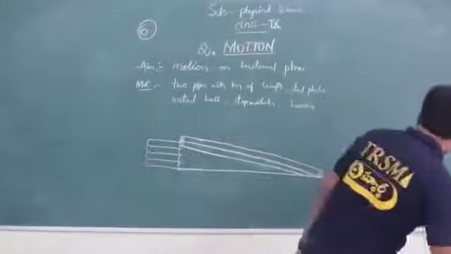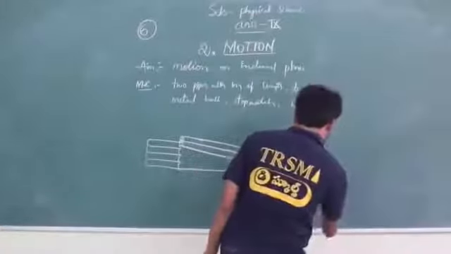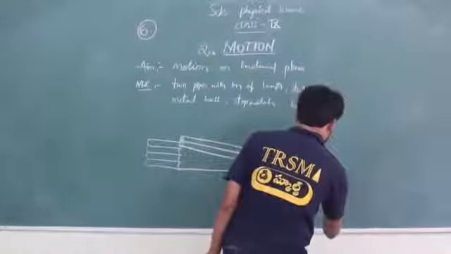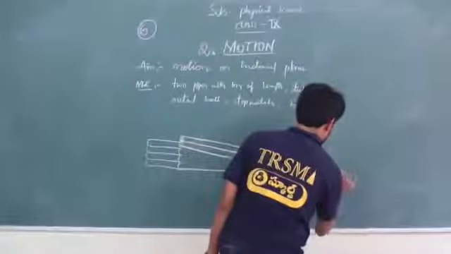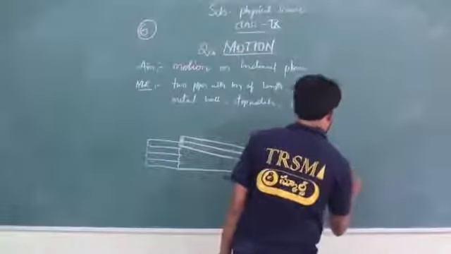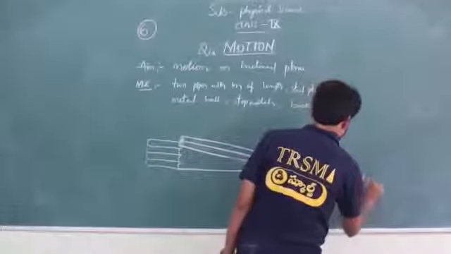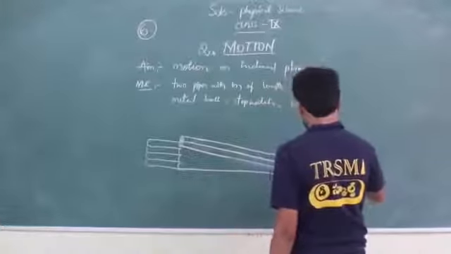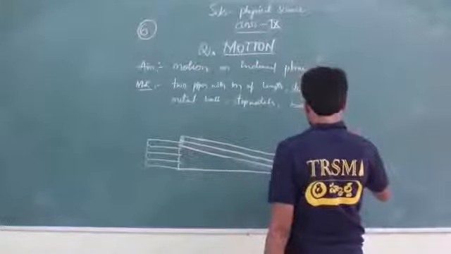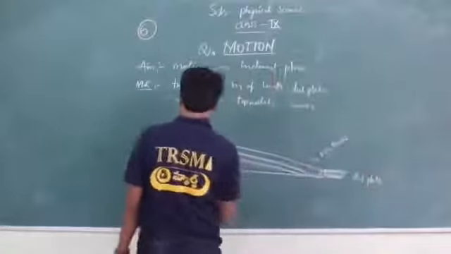Now place one steel plate here. This pipe track is our inclined plane.